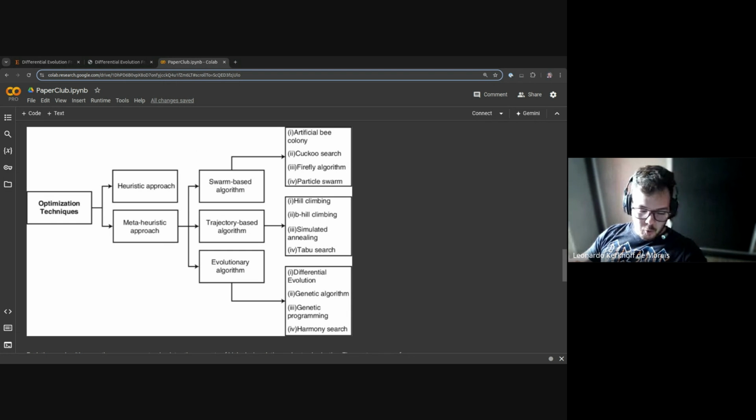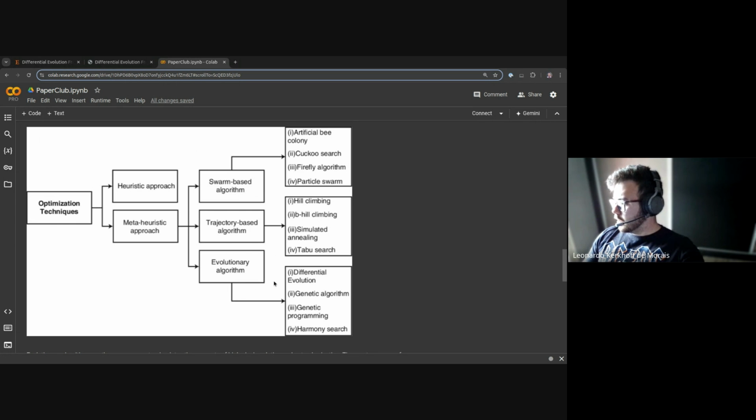Every day, someone comes up with an algorithm based on something. We have the trajectory-based algorithms. I confess I do not have much experience with those, but I know they are based on distance. So calculating distances, calculating the optimal routes. There are some specific applications for them as well.